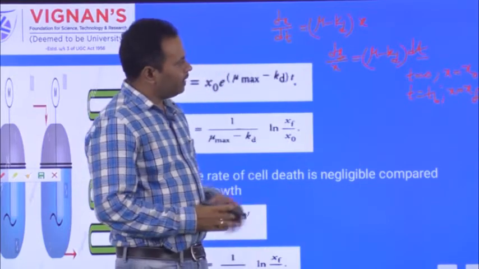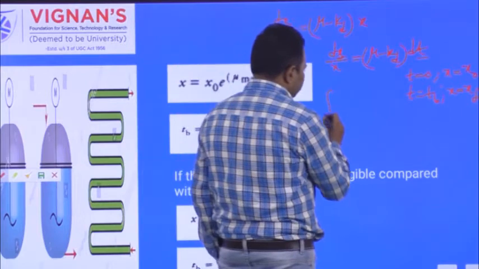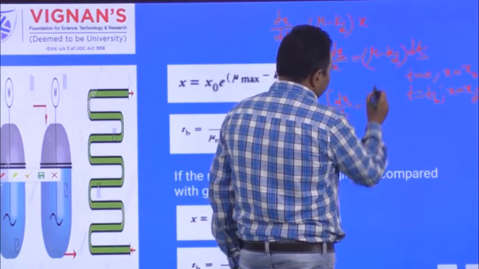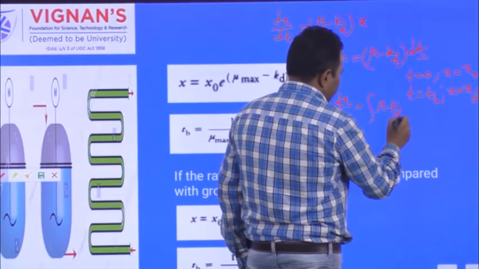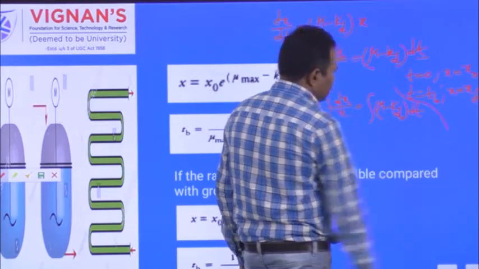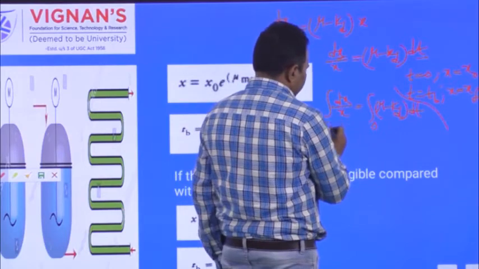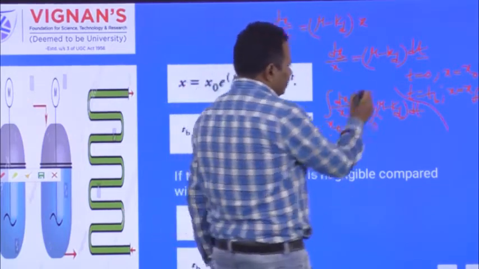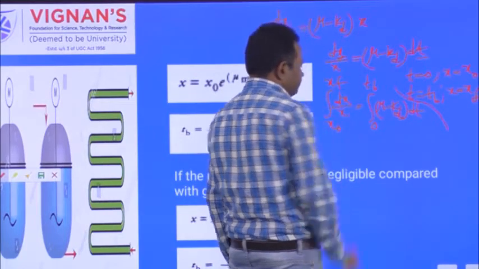So for these boundary conditions, we integrate: integral dx by x is equal to integral of mu minus Kd into dt. At time t equal to 0, the cell concentration is the inoculum concentration x naught. At time t equal to batch time, the final cell concentration is xf.